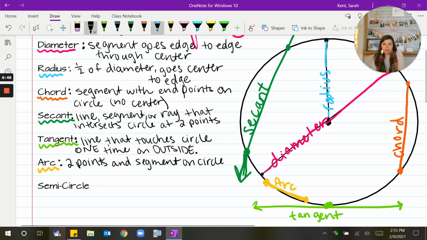And then lastly, we have a semicircle, which is half the circle with endpoints on the diameter.